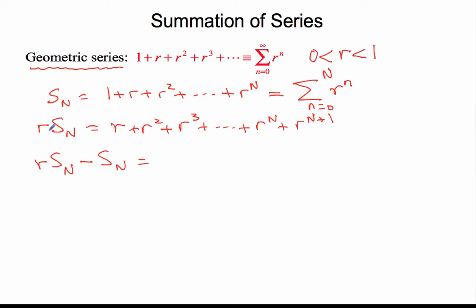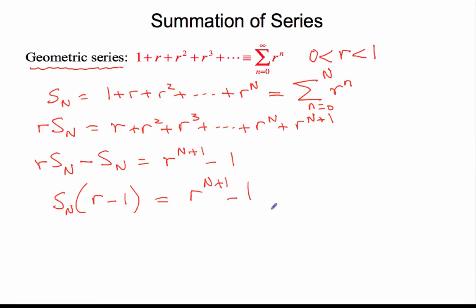So I simply subtract from this, and of course everything will go away except r to the N plus 1 minus 1. So you can see that this will cancel against this, with this, with this, and so we're just left with this. And so from here, S_N, if I take that common, into r minus 1 will be equal to r to the N plus 1 minus 1.